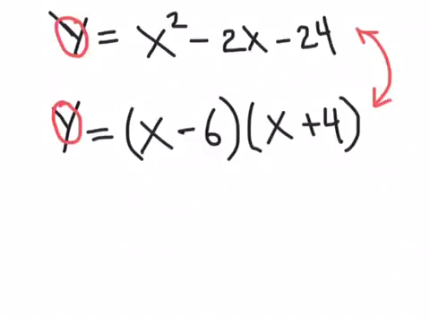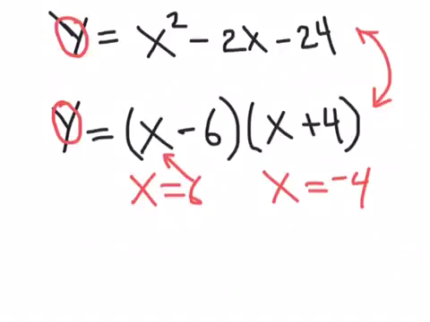Well, if I had x equals 6 and plugged it in right there, I would get 0. And then on this side, if I plugged in x equals negative 4, what would happen? Negative 4 plus 4 is 0. 0 times anything is 0.